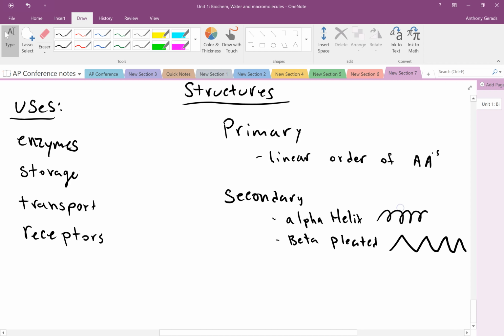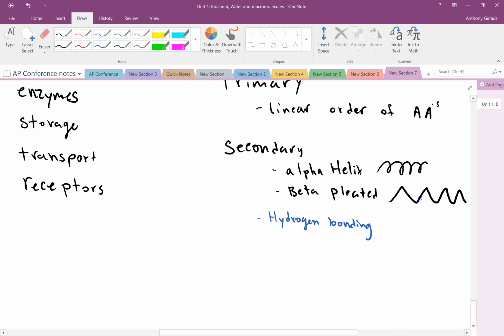Okay, and all of this happens because of hydrogen bonding. Okay, hydrogen bonding. So we've got hydrogen bonds that are going to happen between the amino group of one and the carboxyl group of another one.